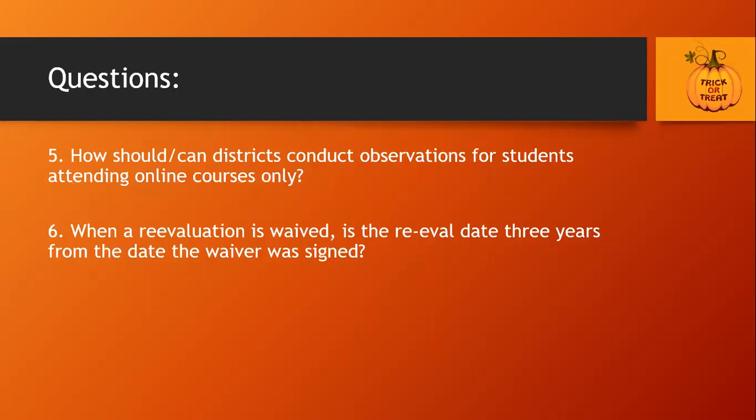Or it could be an observation in a home environment wherever the student is participating in instruction, because sometimes with related services and online students, the OT or PT will go out and meet, if not at the home, at a library or something.